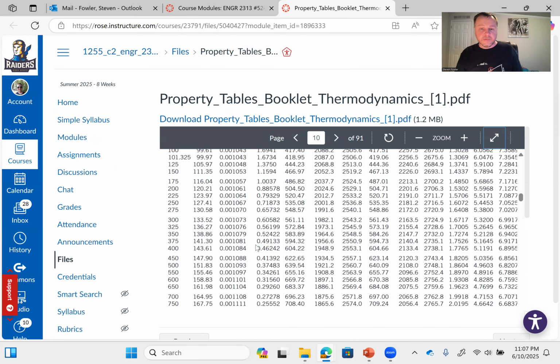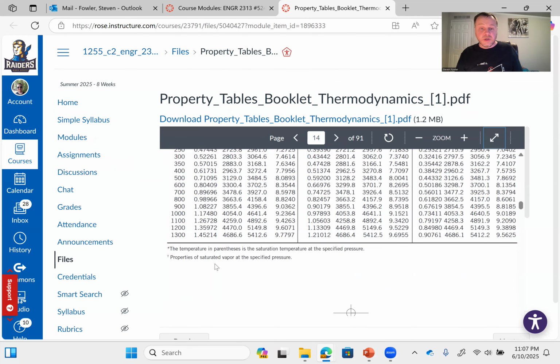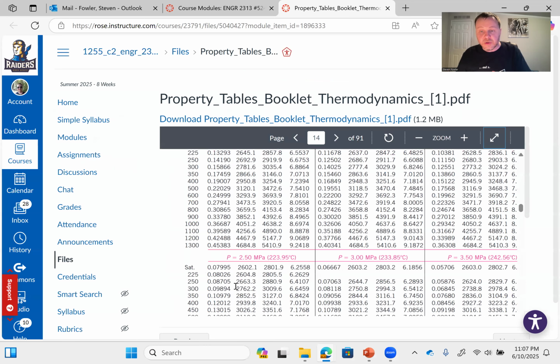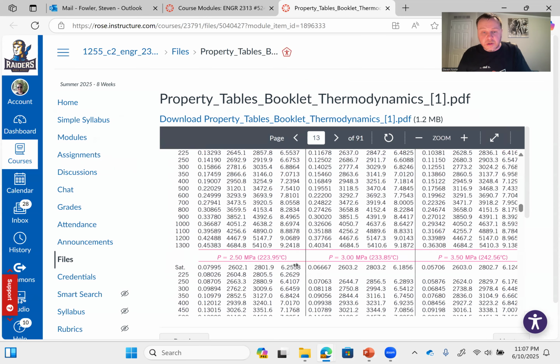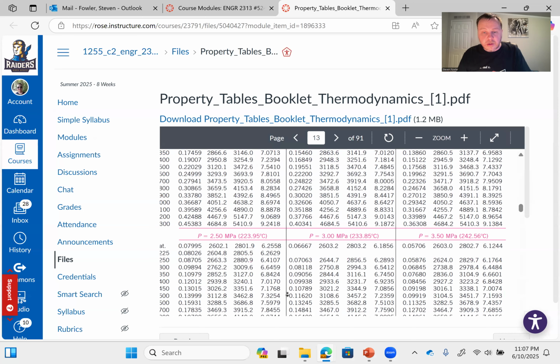We can go quickly here. You want to get really quick at this. This is superheated water. We can start here and work our way back. We don't know the phase for sure, but at that temperature, it's probably superheated. There we go.